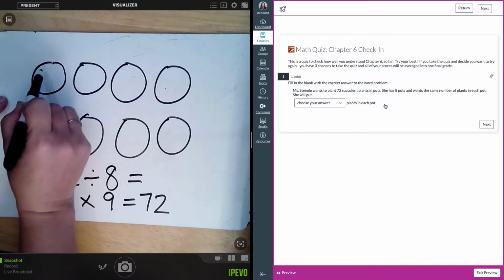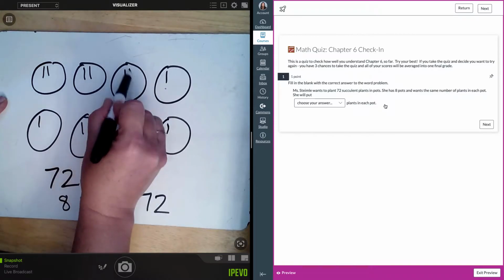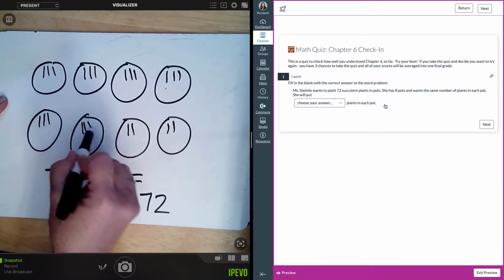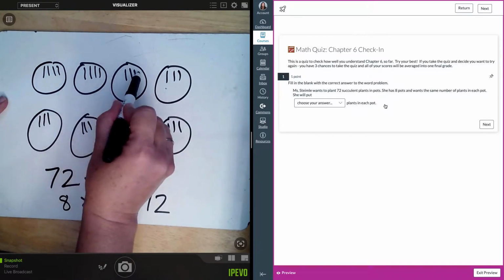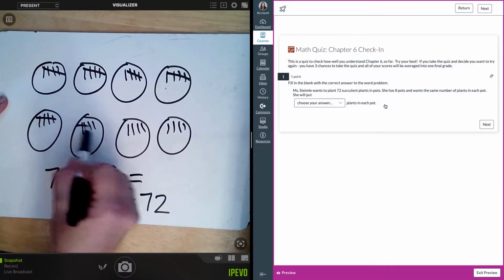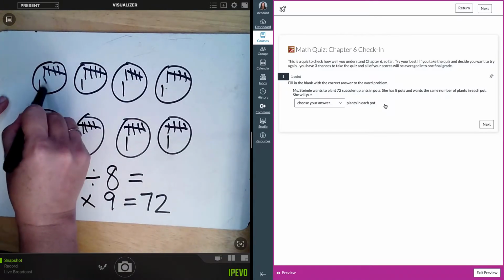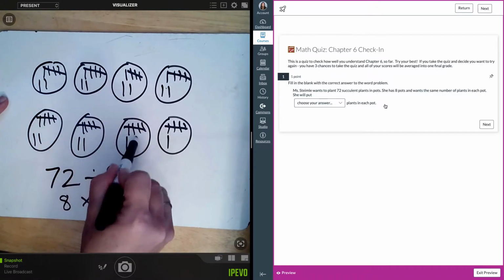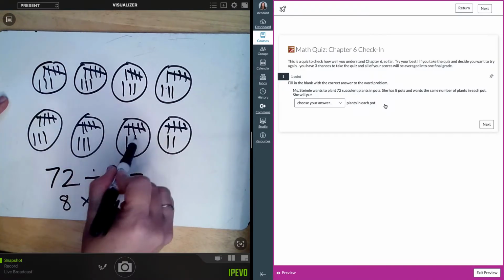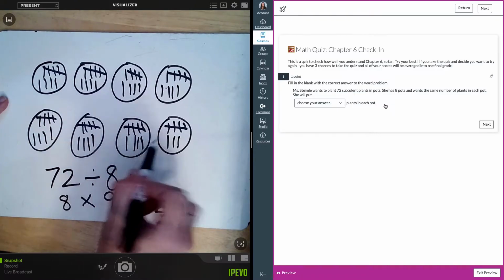The trick here is to stay organized. 1, 2, 3, 4, 5, 6, 7, 8, 9, 10, up to 20, 21 through 40, 41 through 60, 61, 62, 63, 64, 65, 66, 67, 68, 69, 70, 71, 72.